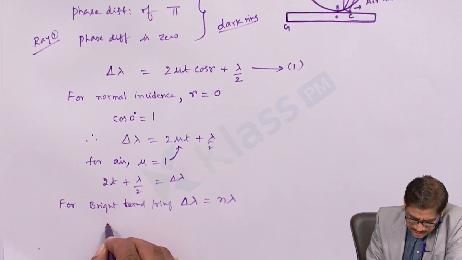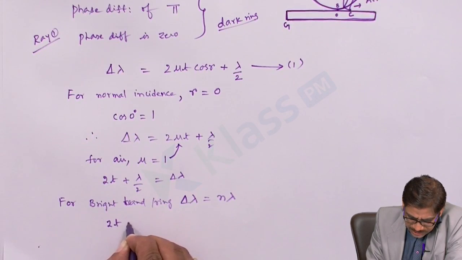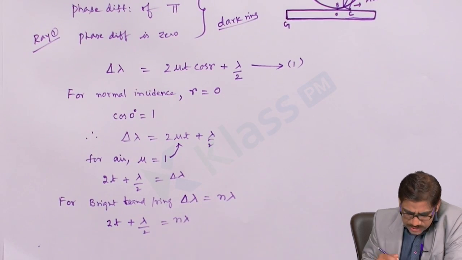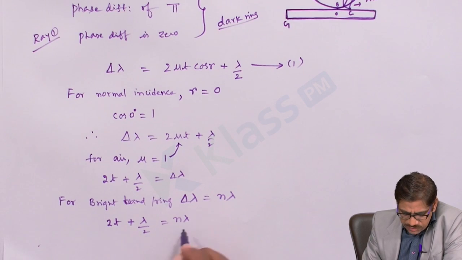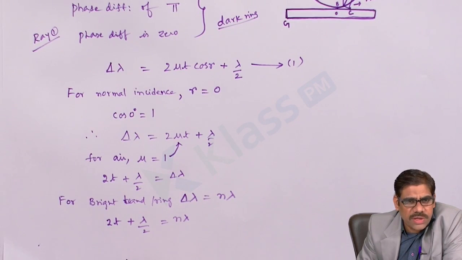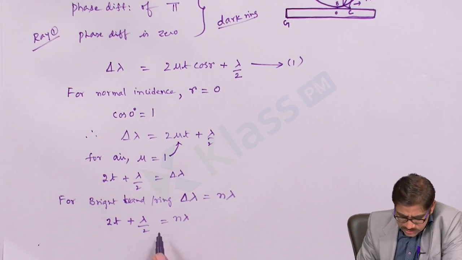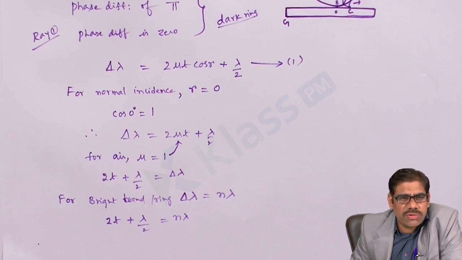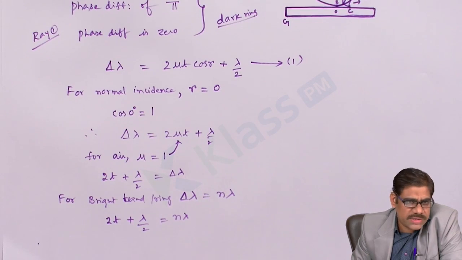Transforming that equation, we have 2t plus lambda by 2 is equal to n lambda. So this is the criterion for framing the path difference between the two reflected light rays.